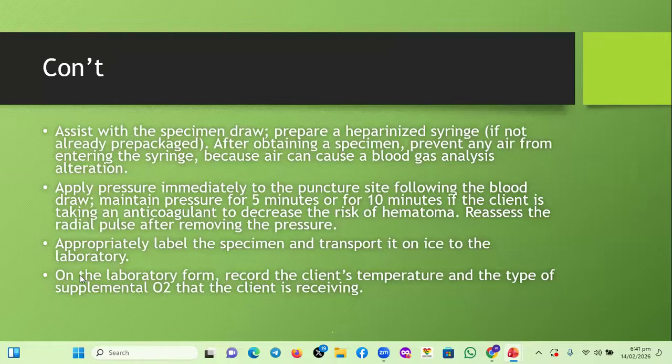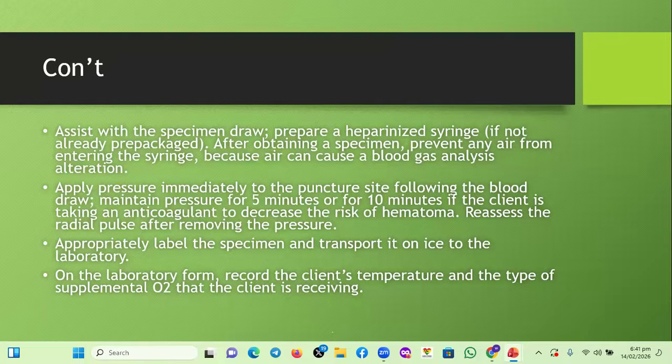So I stated here that if the client is on oxygen, for the ventilator I didn't mention that. But if the client is on any machine or anything that affects the level of oxygen or the client's saturation level, you have to indicate it on the form. If the client is on oxygen, you have to indicate on the form that the client was on oxygen.